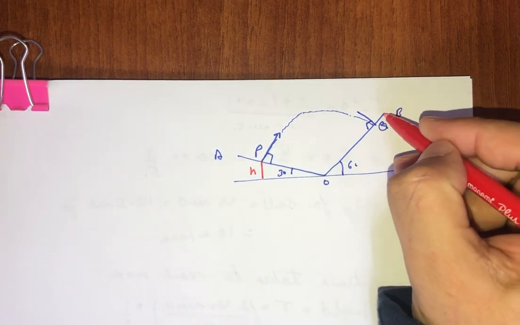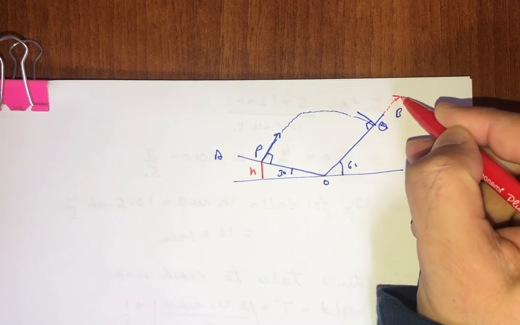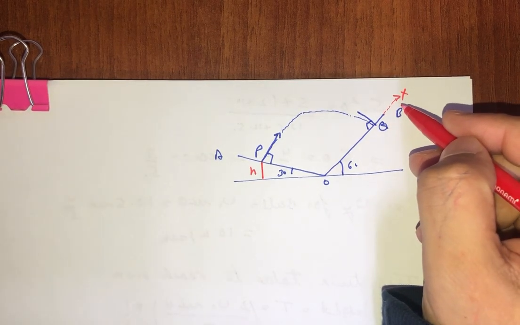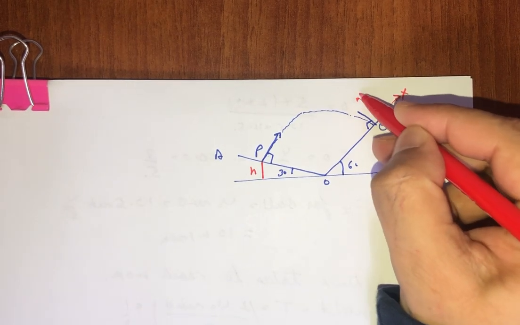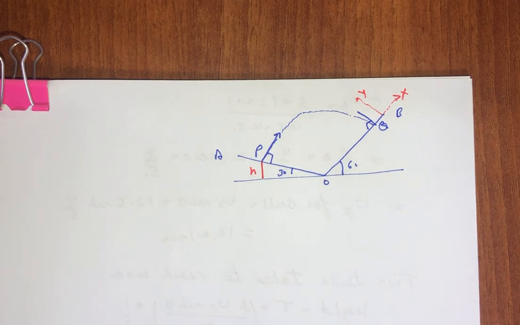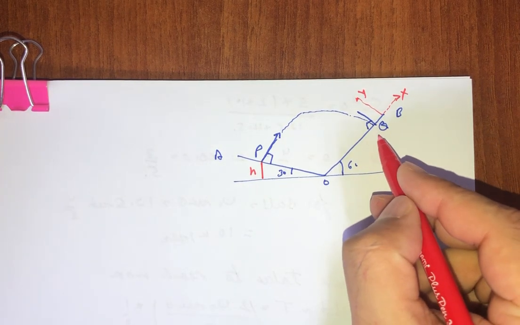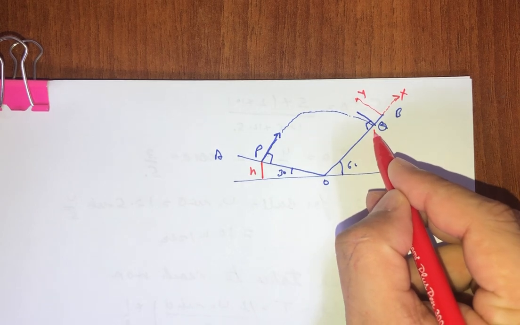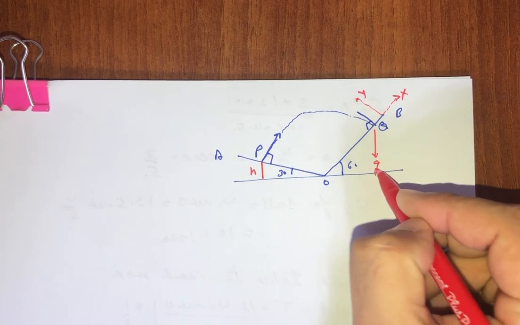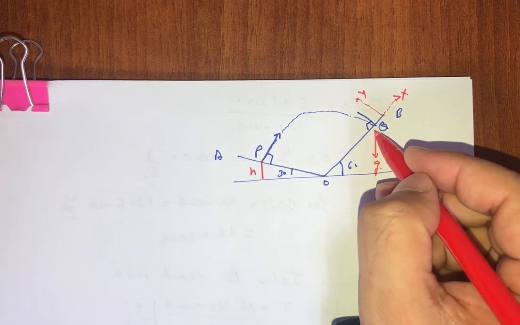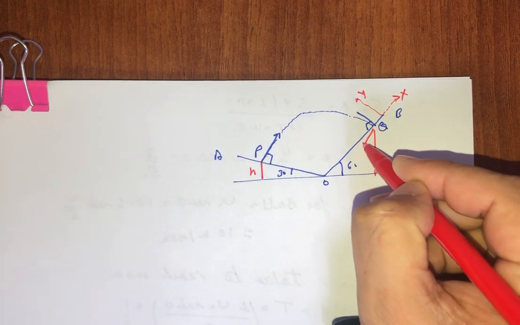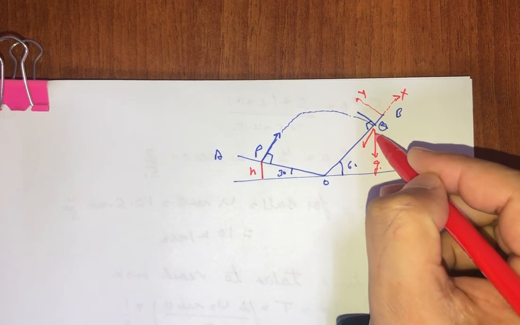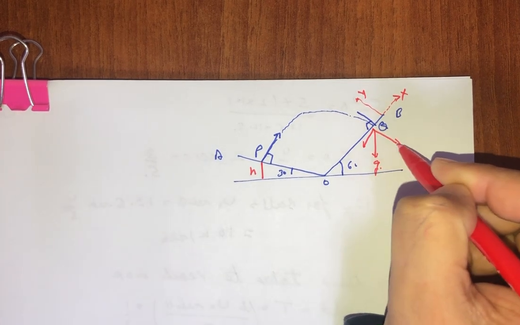We are going to consider this as our x-axis and in that direction it will be our y-axis. And we also find out what g will be. So g will be in this direction, so one component will be parallel to the x-axis, and another one is perpendicular.